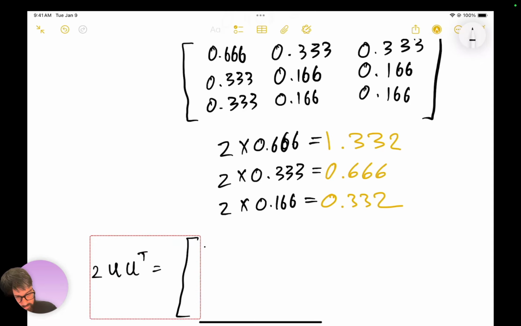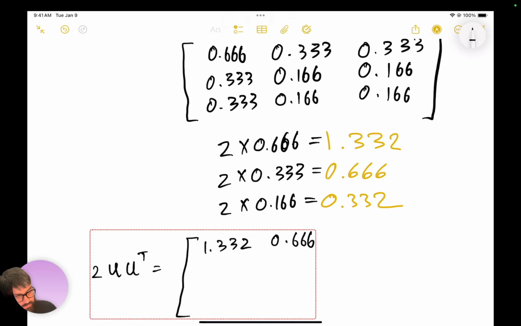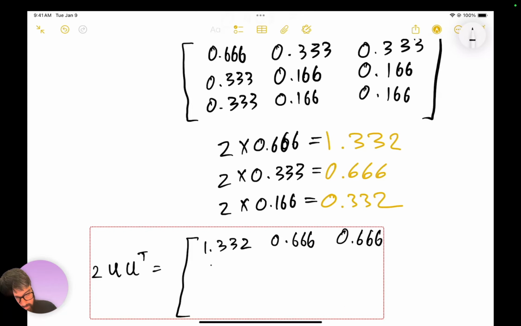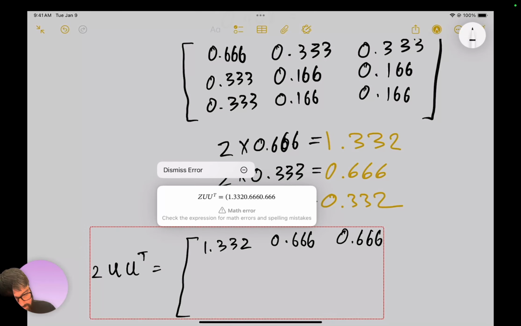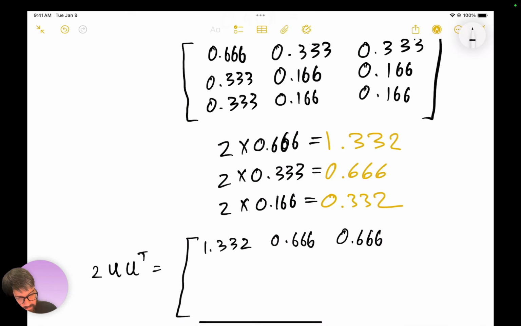2 times 0.666 is 1.332. 2 times 0.333 is 0.666. Then 0.666 again. Then 0.333 times 2, so that's 0.666. Then 0.166 times 2, so 0.332.